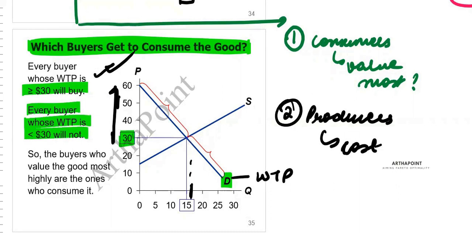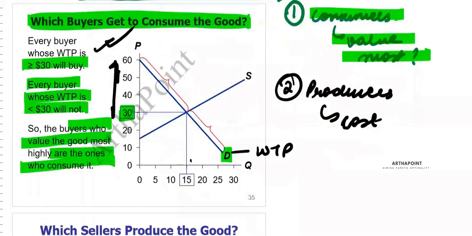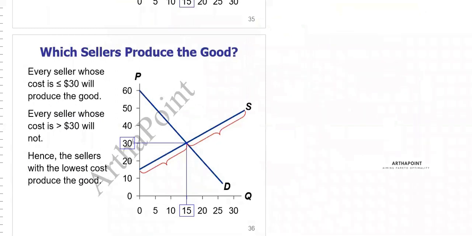So it is clear from here that the buyers who value it the most are the ones consuming it. So we are able to check this out. Now let's ask which sellers are selling the product. The cost of production is given by the supply curve, or the willingness to sell is given by the supply curve.